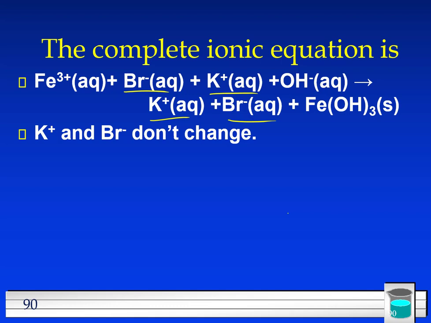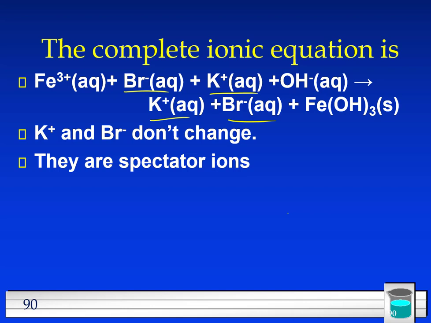They have a name for things that aren't involved around the action that's happening, and the name for that is spectators. K plus and Br minus are the spectator ions. Like a spectator just watches a game, these ions are there, but they're not involved in the reaction.